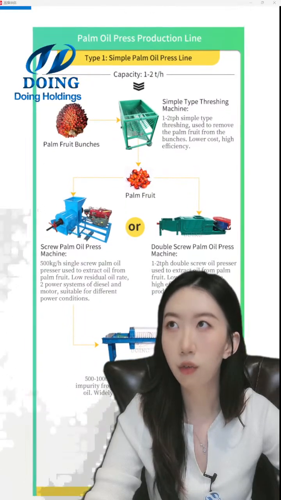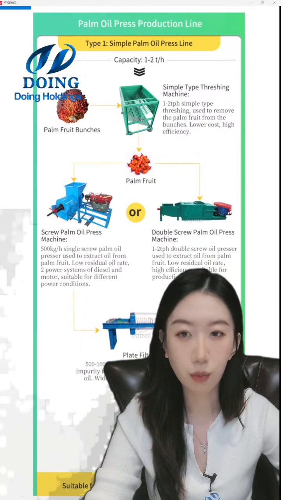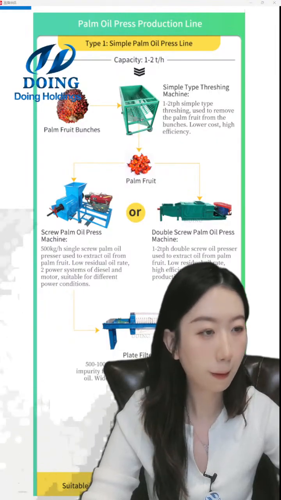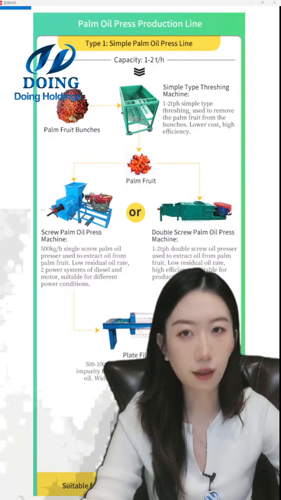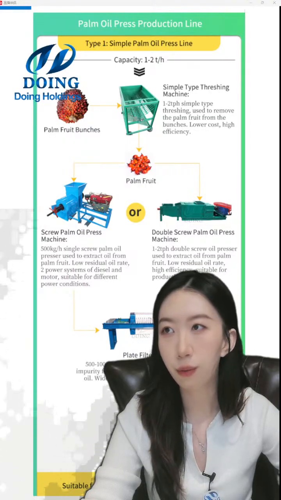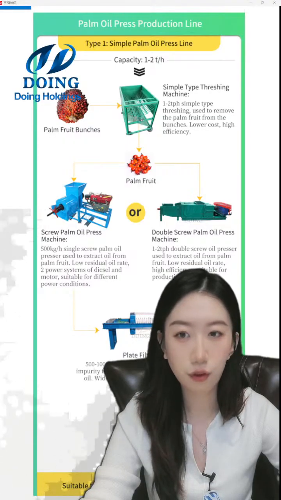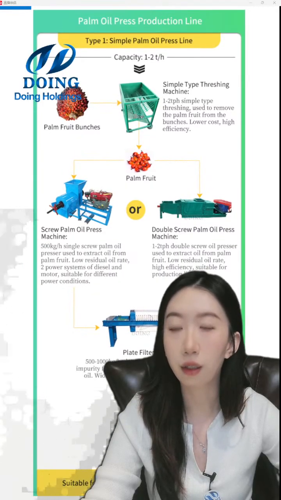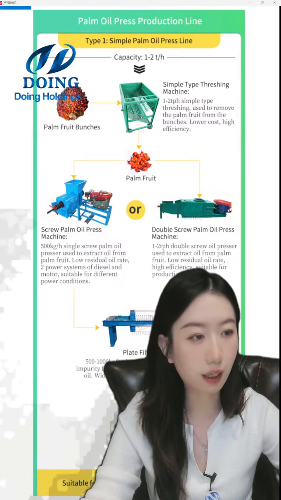So if you need our machine, we can transport it for you quickly. And our branch has a sales manager there who can give you a configuration plan according to your need.